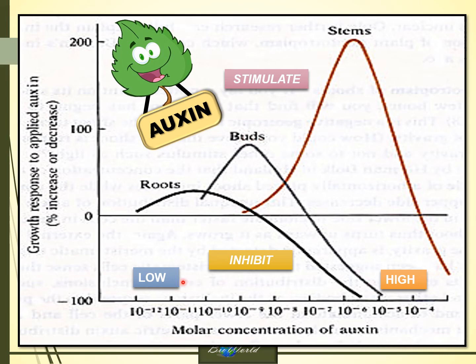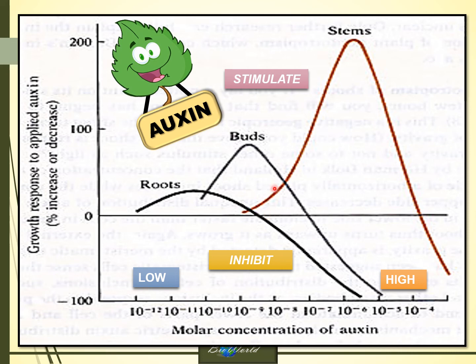So if you observe, the graph for the root shows us that low concentration of auxin actually stimulates elongation of root up to maybe say about 10 to the power negative 9 molar concentration of auxin. After that point, the concentration of auxin is considered high, and you see the root is actually getting shorter. So high concentration of auxin inhibits at the root.